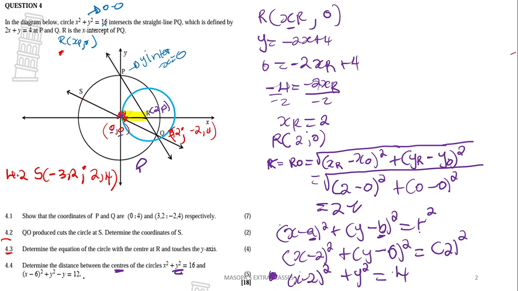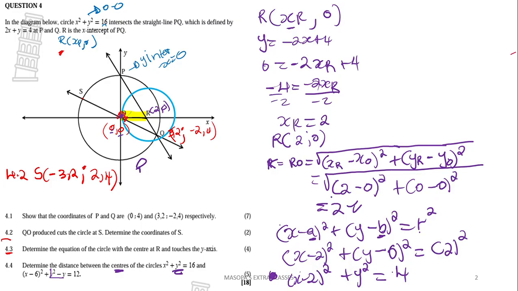But here you can see that we do know the x value of the center for the second circle, which is 6. But now the problem is, how do we know the coordinate of the y value of that circle? Because you cannot say it is negative 1.